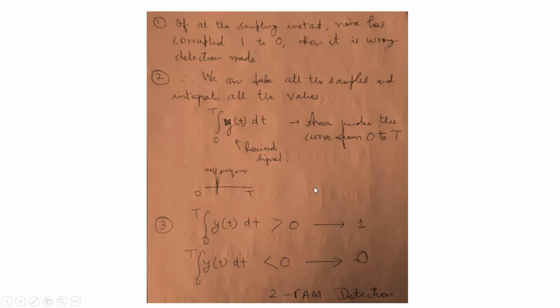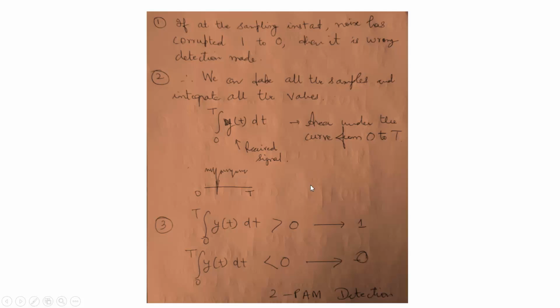This is in the case of 2-PAM, when only two levels are there, when only one bit is in the symbol period. Had more bits been combined within the symbol period, then of course we will note down the amplitude value, and the decision rule will not be greater than or less than 0. If it is within 0 to 1 volt, let's say, it will be 00.